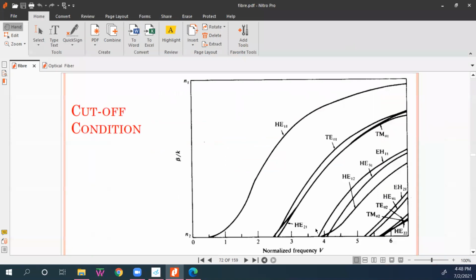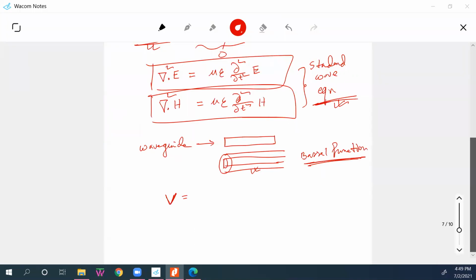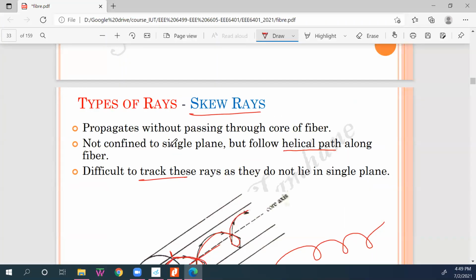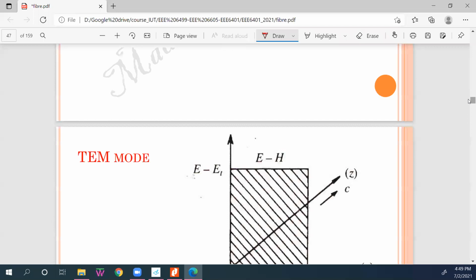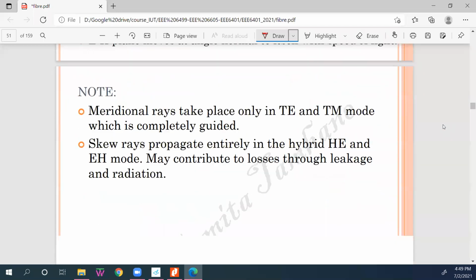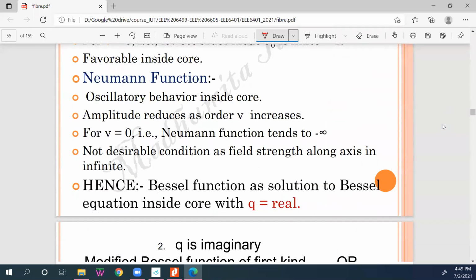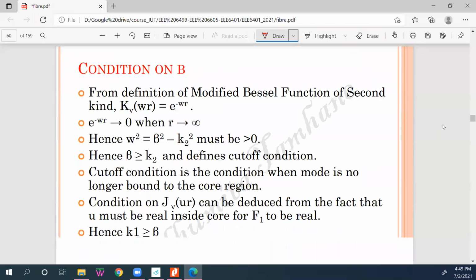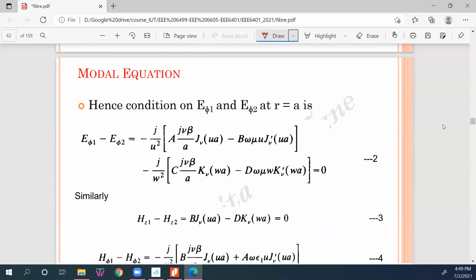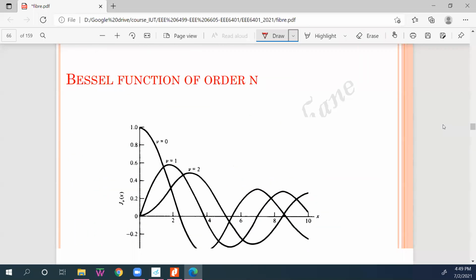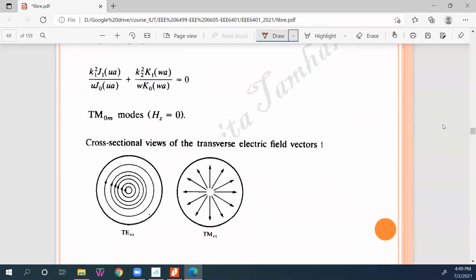You see, this is a Bessel function where this is our normalized frequency. You see all this solution, I will probably explain it in a separate video.